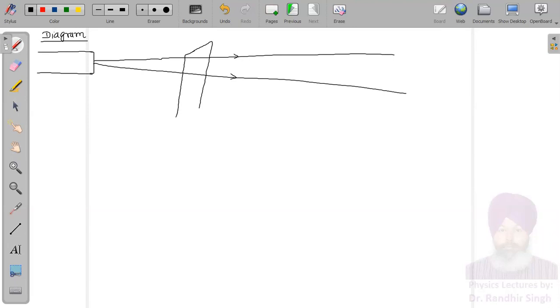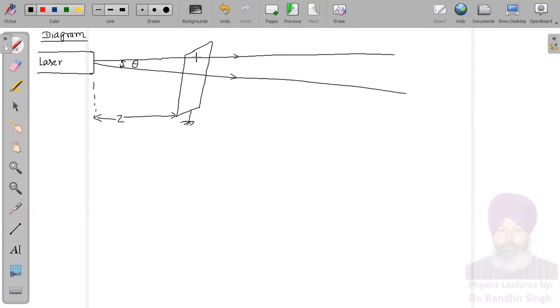So if I place the screen at a distance z from the laser, this is our laser, and this is the angle of divergence. For an ideal laser, please remember, this angle should be 0 degrees, because ideally a laser produces a parallel beam of light, but practically there is some divergence.